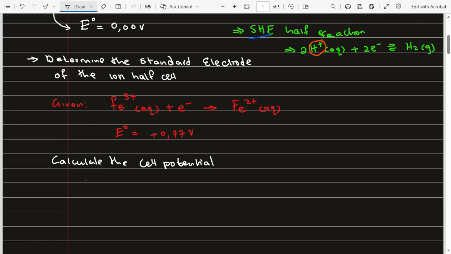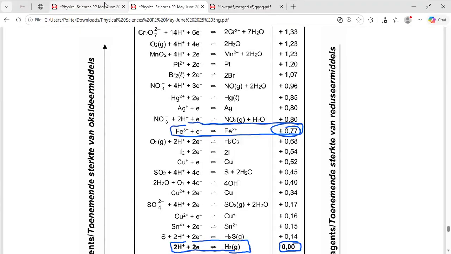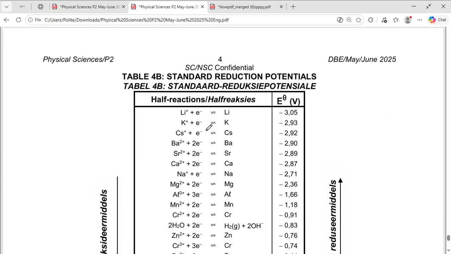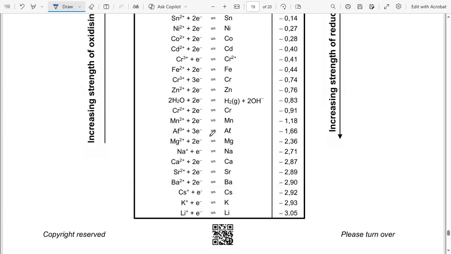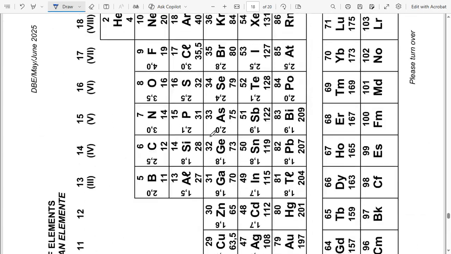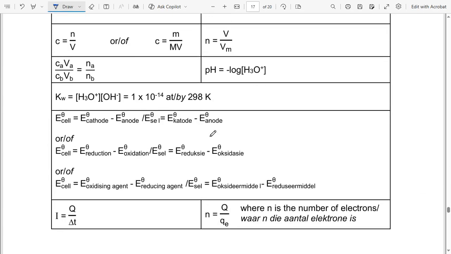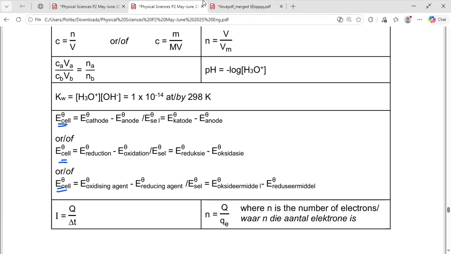When you calculate the cell potential, remember the formula. In most cases, you'll definitely be given the formula. The formula should be here on the formula sheet, and this is the formula that we're going to use. It depends on what you are given and what you need to work out.